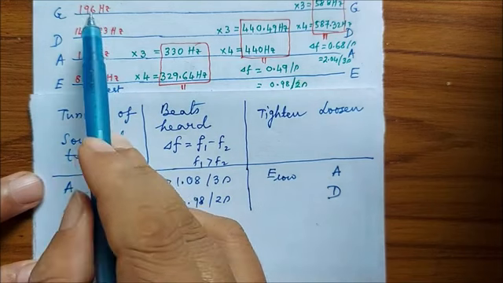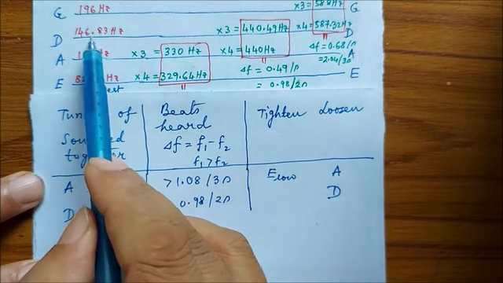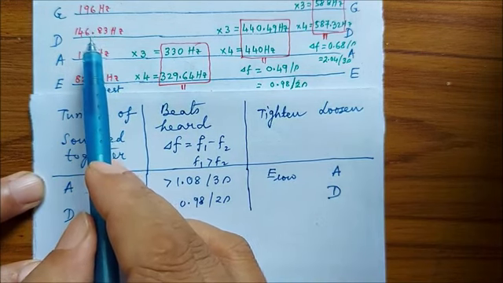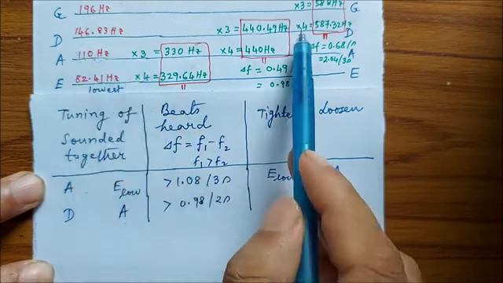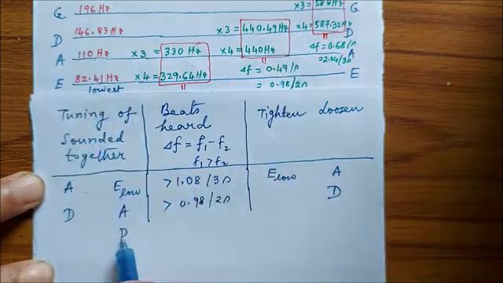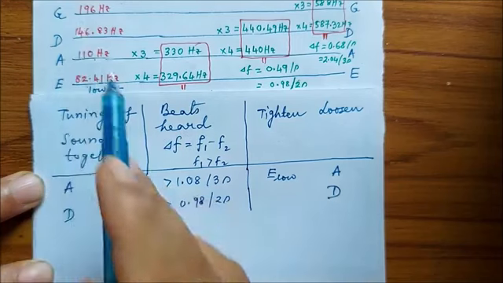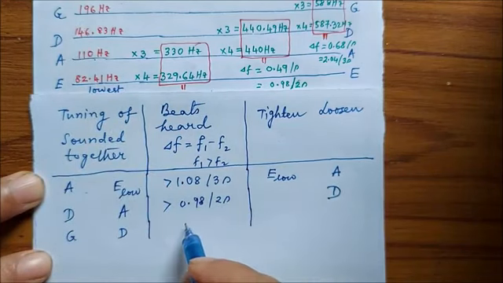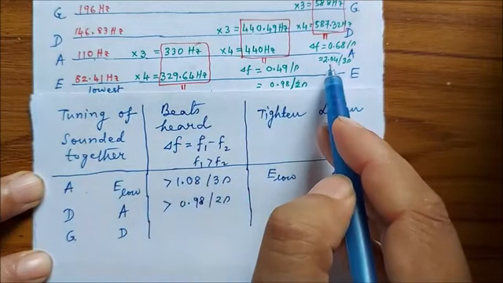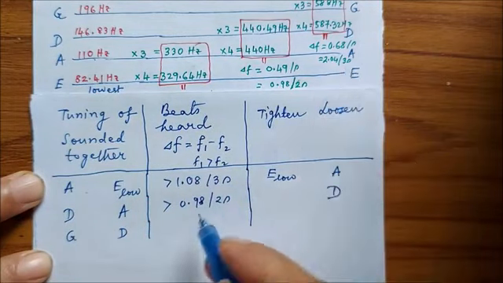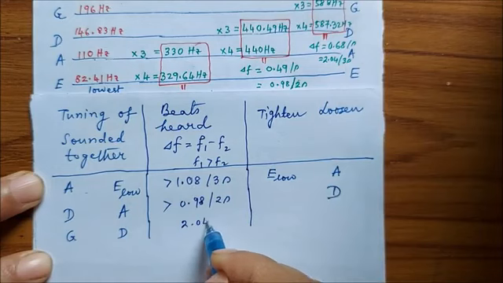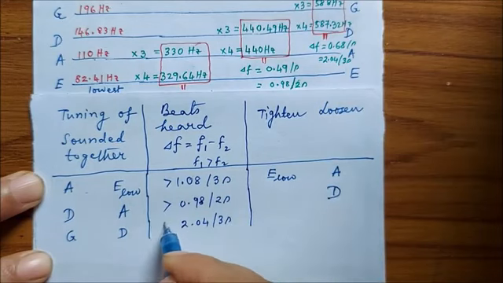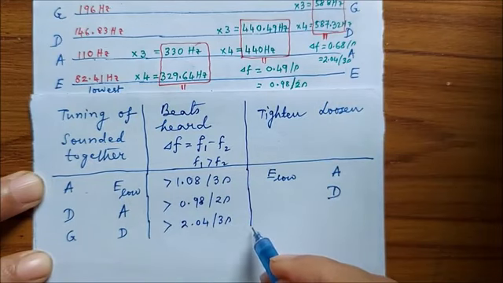Tuning of G and D can be done by generating the fourth harmonic in D and the third harmonic in G, so that now the number of beats heard should be 2 in 3 seconds. And suppose we hear a larger number of beats.